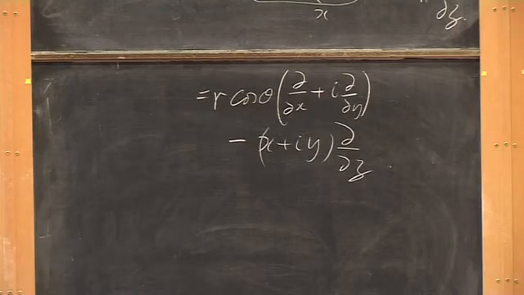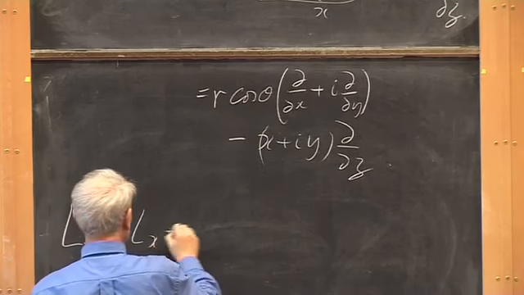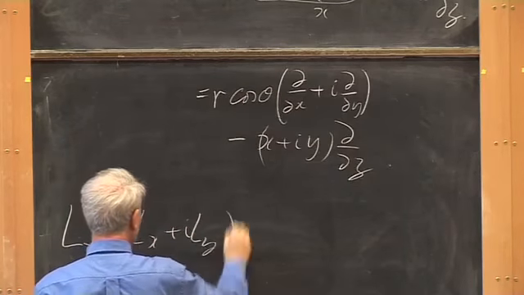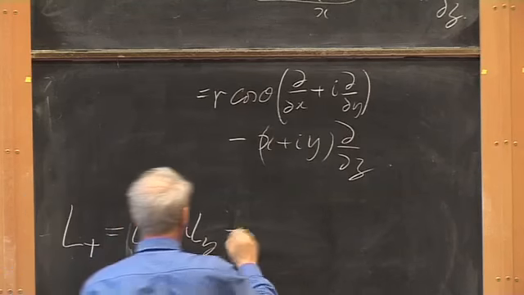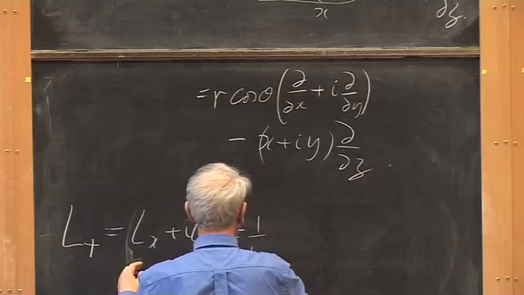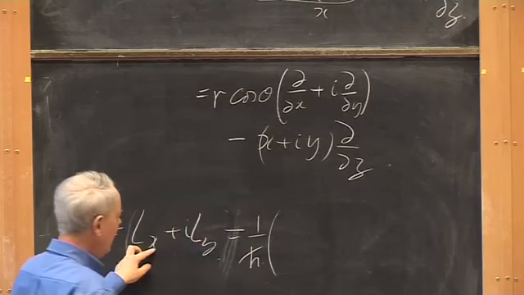So in order to do that, I write down, so what is L plus? L plus is Lx plus i Ly, which is 1 upon h bar. Okay, what's Lx?